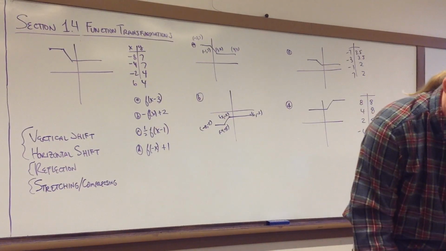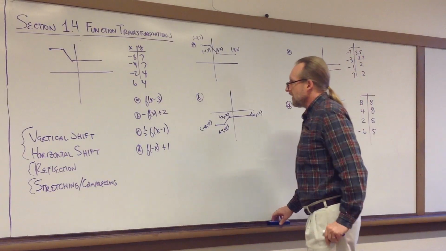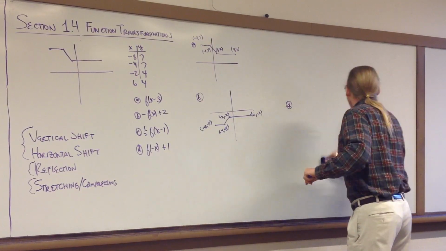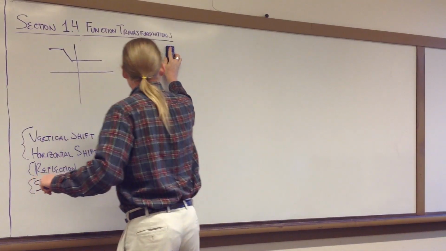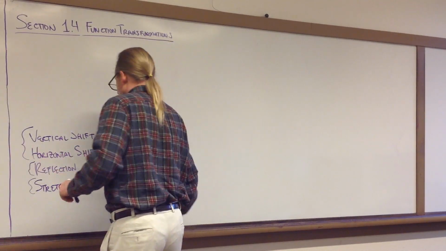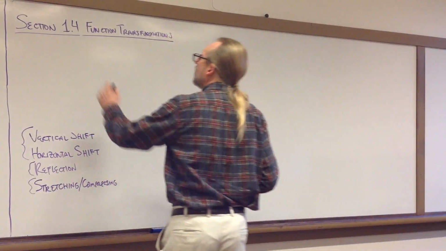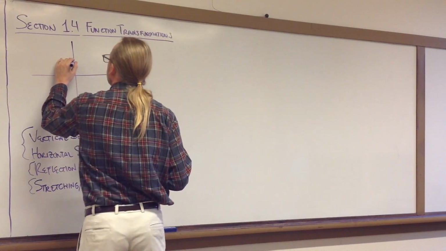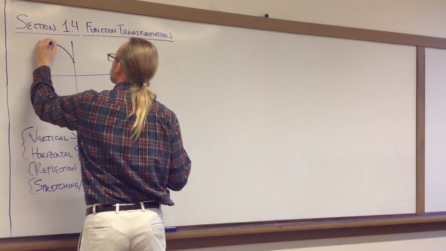Okay, let's see here. Let's look at problem 6, and that'll do it for section 1.4. Okay. All right. So we're going to need a new setup here for problem 6. Here's our graph. What do we have here? 0, 3, negative 4, 3, negative 2, 6.